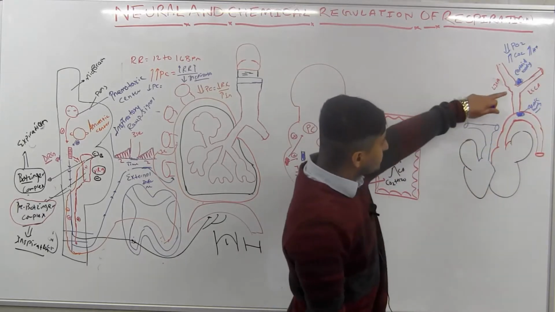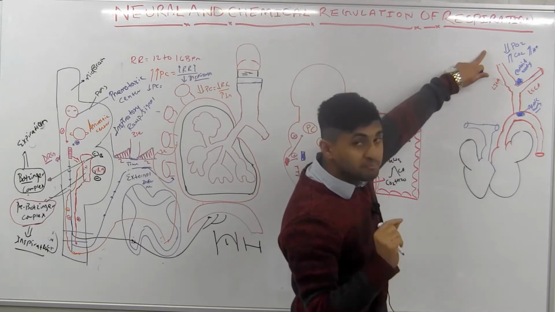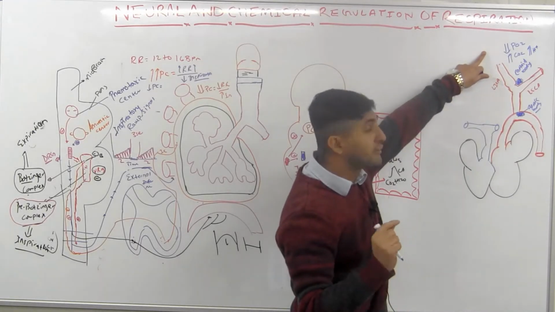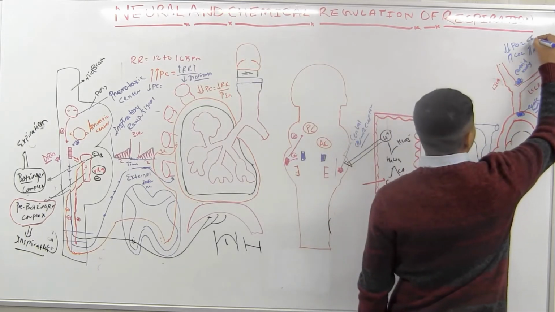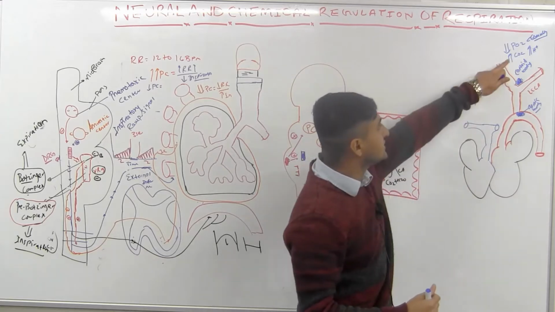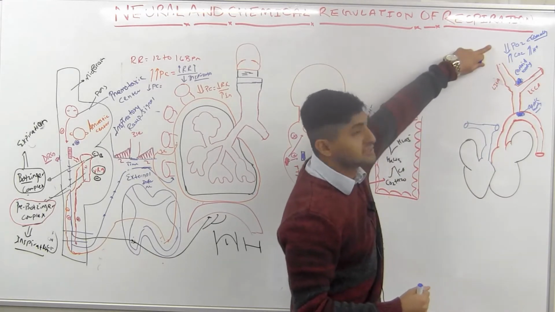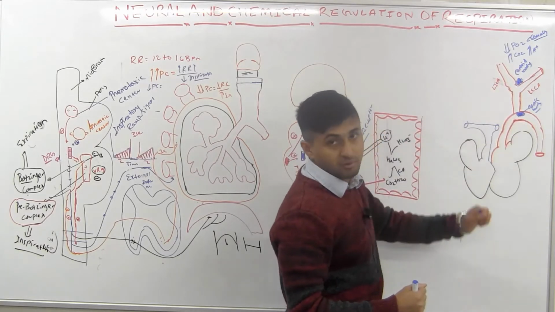But especially the aortic body is very sensitive to your partial pressure of oxygen when it falls below about 60 millimeters of mercury, okay? They're also a little sensitive to carbon dioxide and H+, but mostly sensitive to the partial pressure of oxygen, these carotid bodies and aortic bodies, okay?